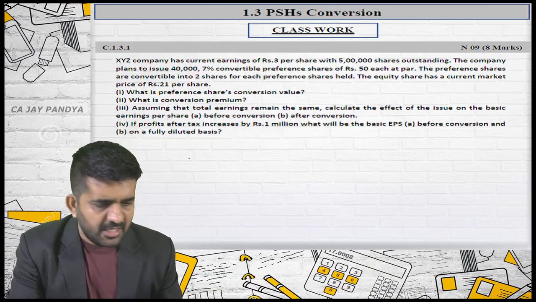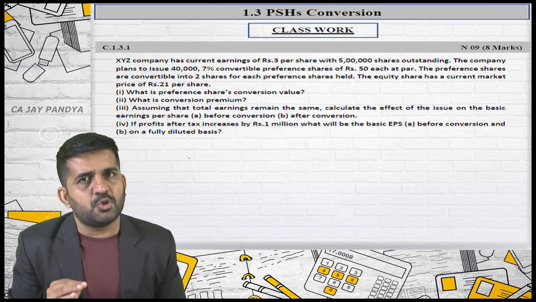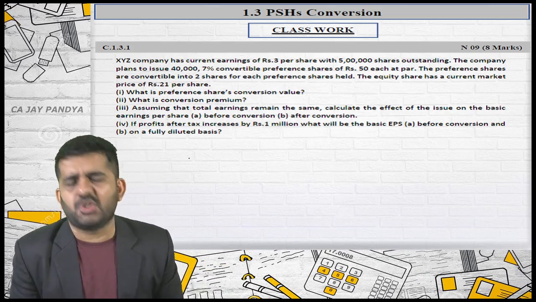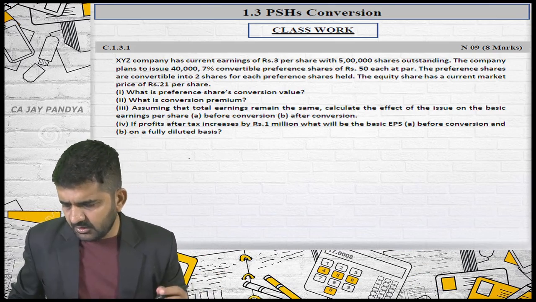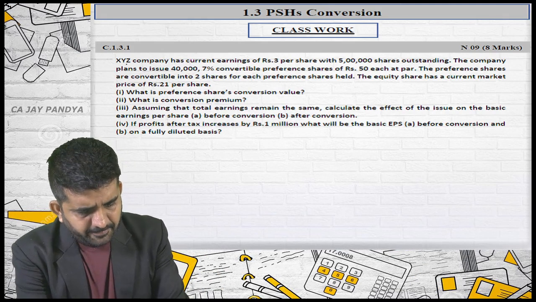Convertible preference shares are preference shares which can be converted into equity shares today, at a specified date, or on maturity. Is it alright? So these shares which can be converted into equity shares are known as convertible preference shares. There are other points also to be learned in this conversion, and we will be learning all the points one by one. Let us first understand this.